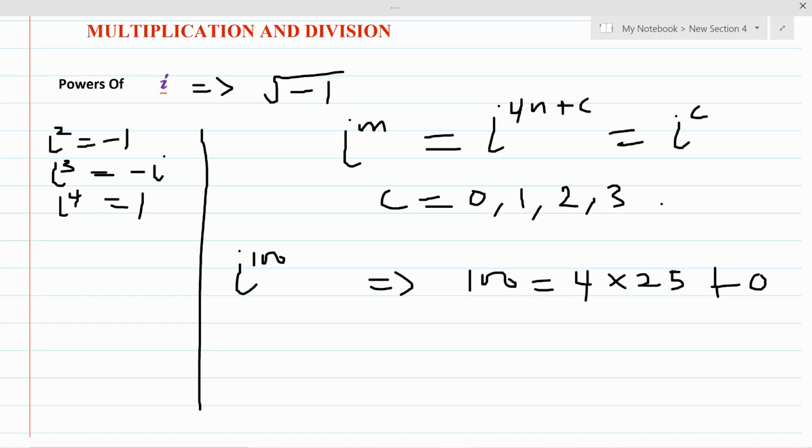Okay, so it means that i to the power 100 here is equal to i to the power 4 times 25 plus c.